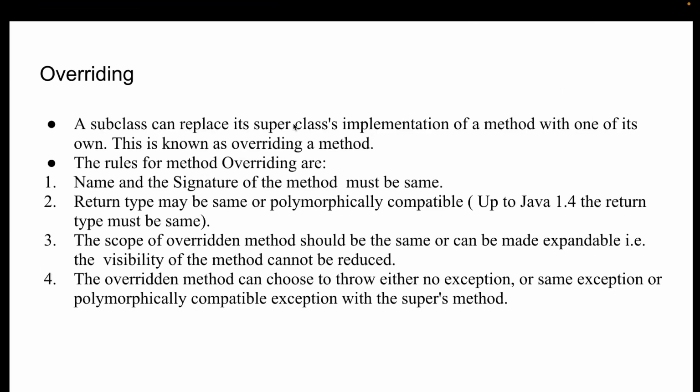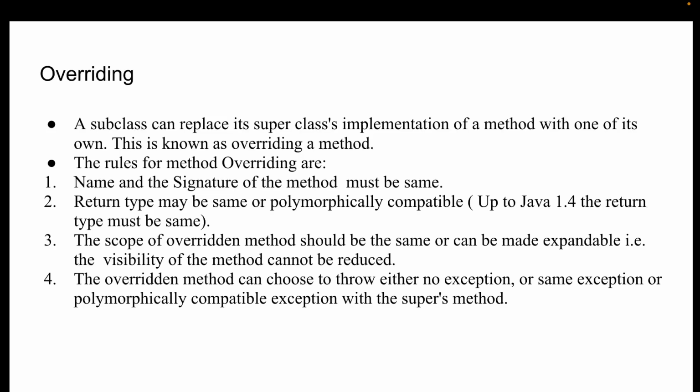So let's see. A subclass can replace its superclass implementation of a method with one of its own. This is known as overriding a method. Suppose you have some method in your parent class and you have the same method defined in your child class as well. The child class is also called a subclass.